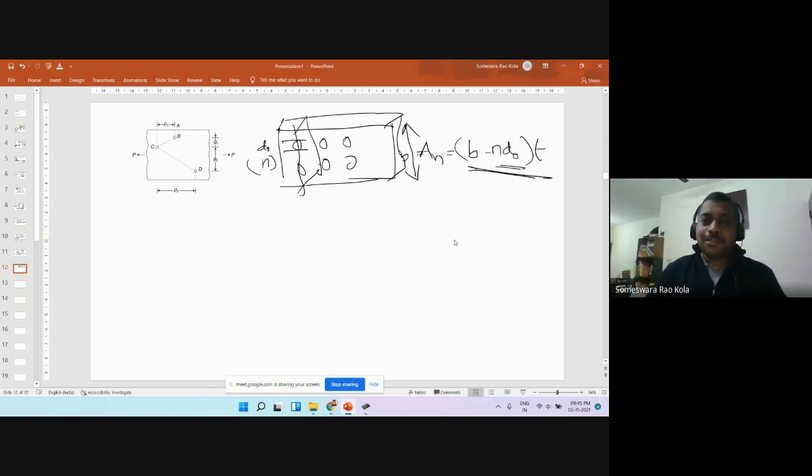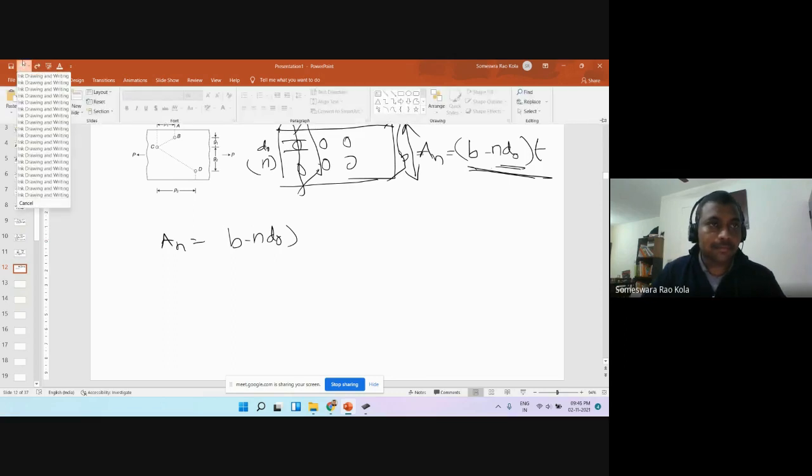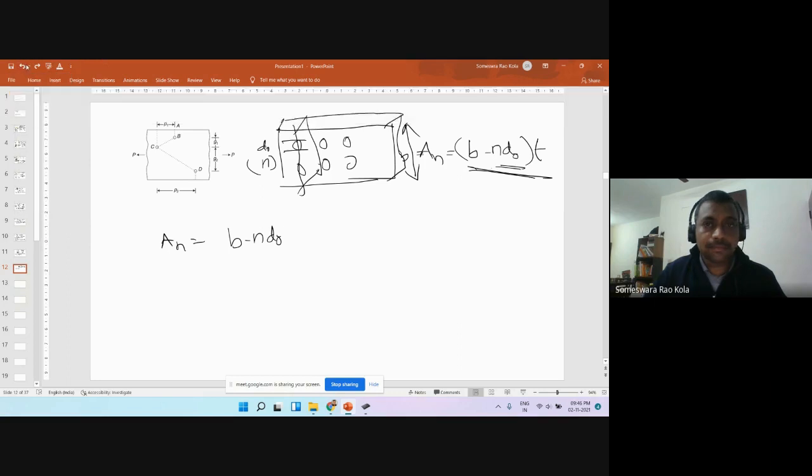The problem comes if the bolts are not placed in this regular fashion, but we have staggered bolts. So in which case the AN will be given by this formula. We'll have to make some correction for this staggeredness.